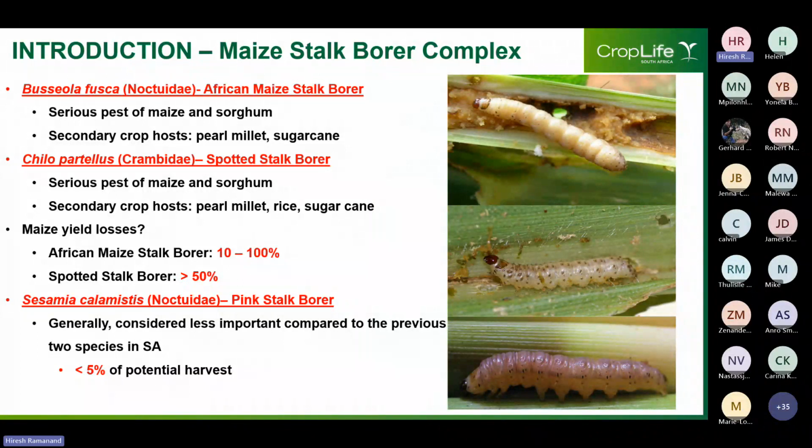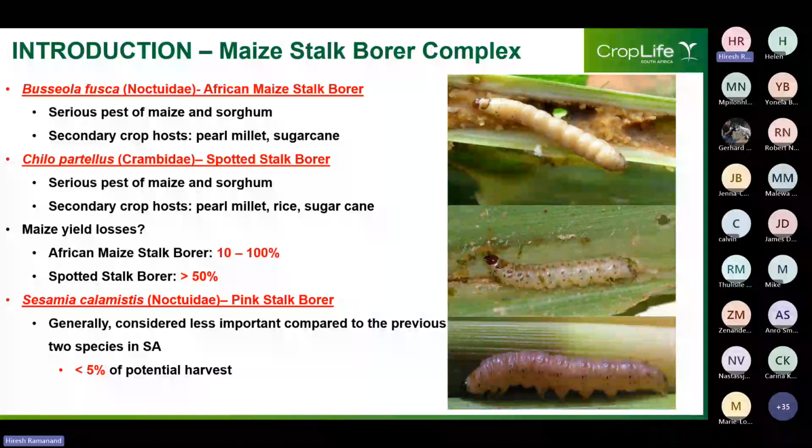Similar to Busseola fusca, Chilo partellus is also important in the context of cereal crops. Of the 3 stalk borer species, Chilo partellus is exotic to Africa and originates from Asia. Chilo partellus can be found in mixed populations with Busseola fusca in maize.